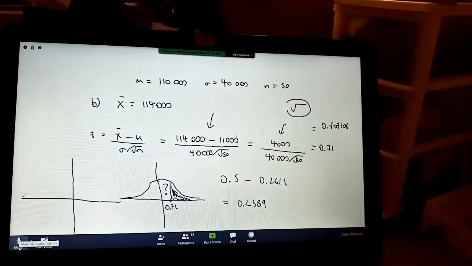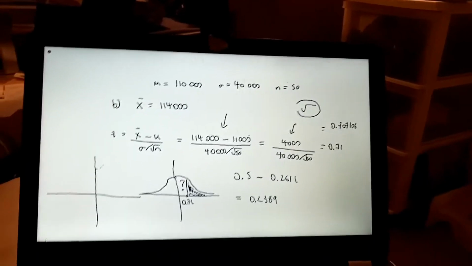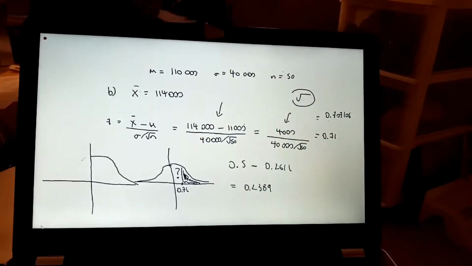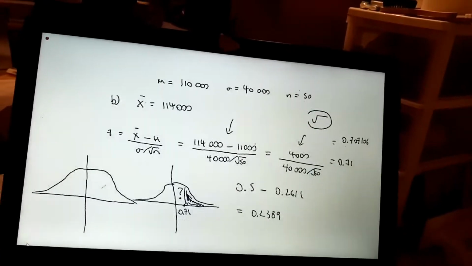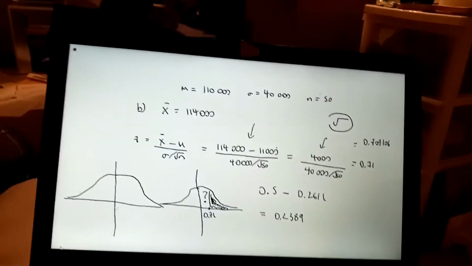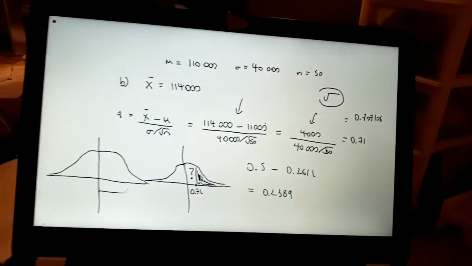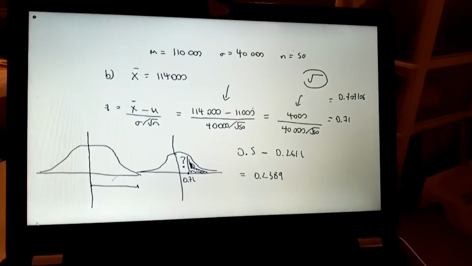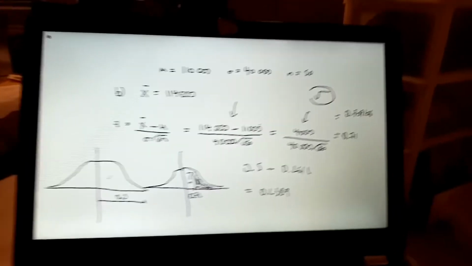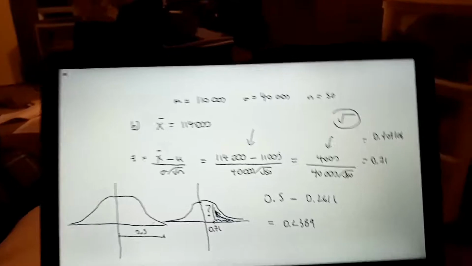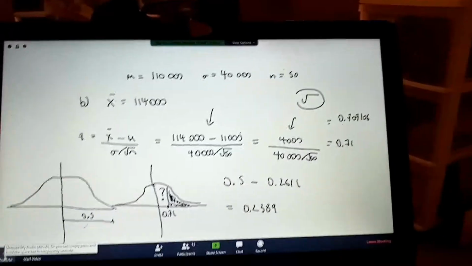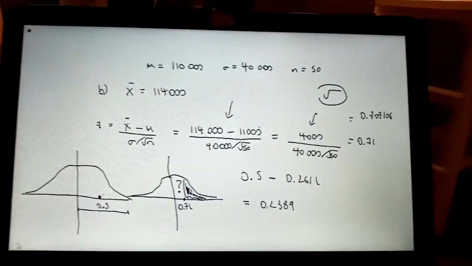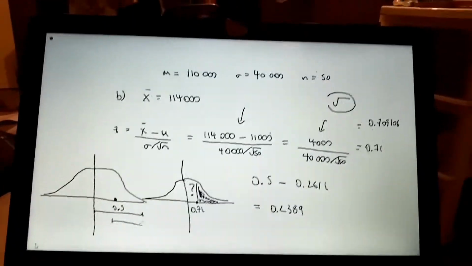Yeah, and for further illustration, let me try to draw that with all of these values included in the curve. Let me draw a larger curve. So the entire area on the right here, I'll just draw it as a length like this, is 0.5. So that's everything to the right of the axis. And then what you wanted was, let's say the z-score is right here, everything to the right of that.